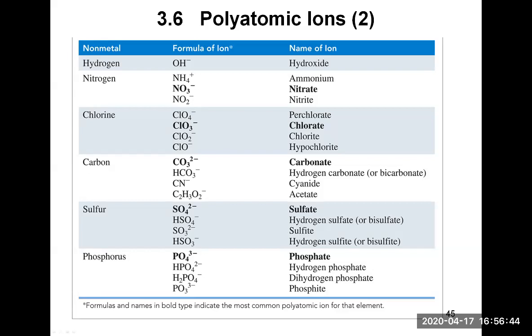Another exception in the ending of the names is cyanide, also ending in ide, but it's not a monoatomic ion. It's a polyatomic ion made of carbon and nitrogen with one negative charge. So you can look at that list and have it when it's needed. It's good to keep it under your eyes and have it printed if you can.